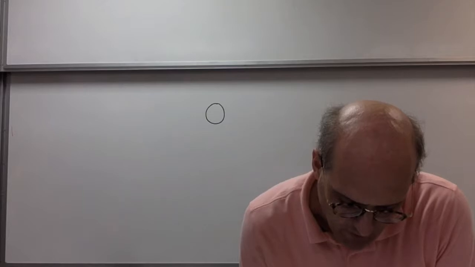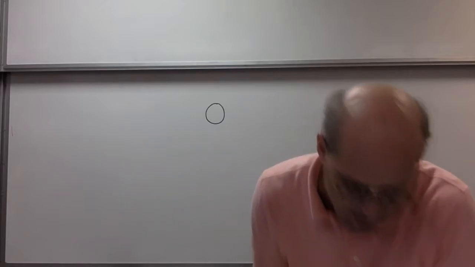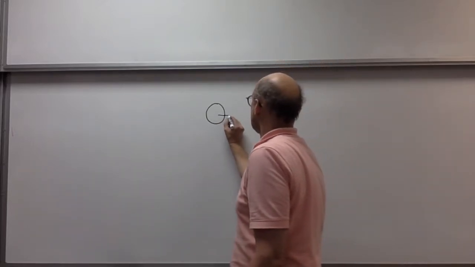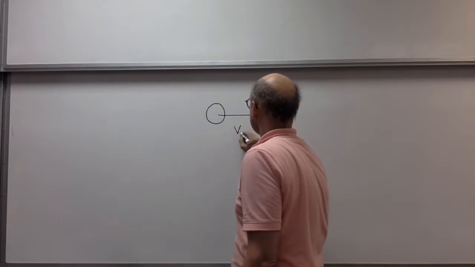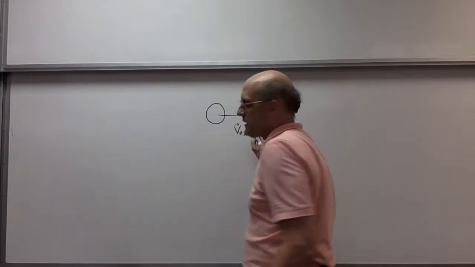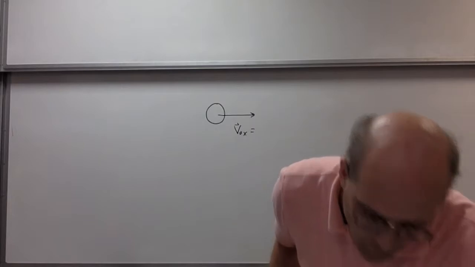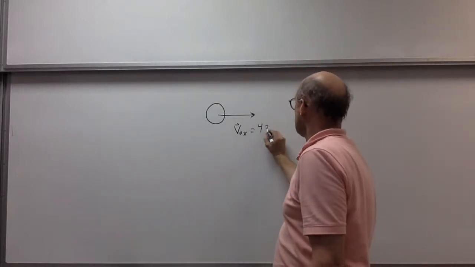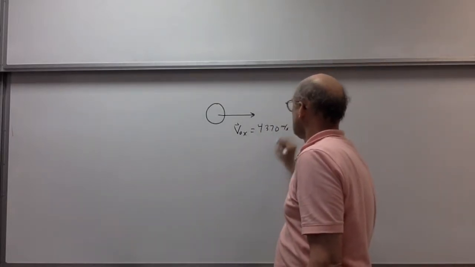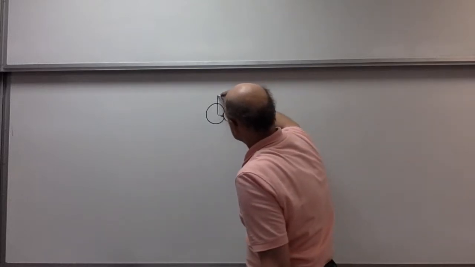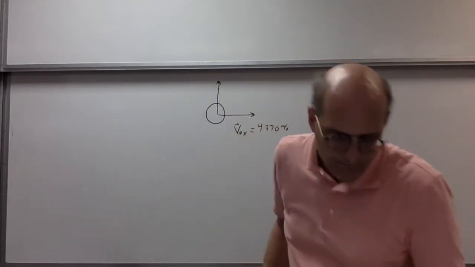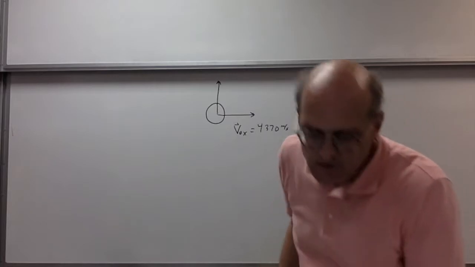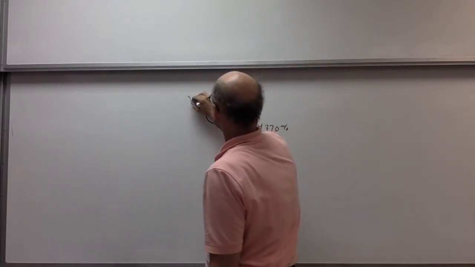So we have two velocities. Okay, we have a velocity to the right, and that's our VOX. That's equal to 4,370. And we have another velocity in the y, which is 6,280.